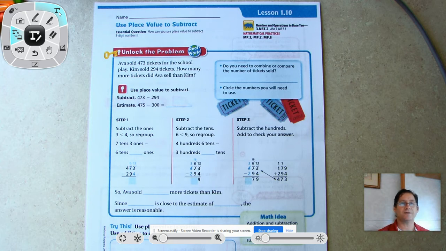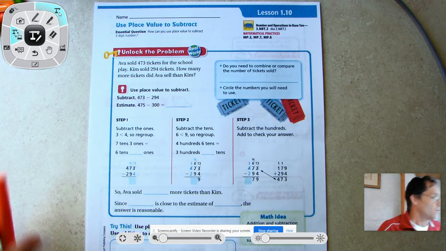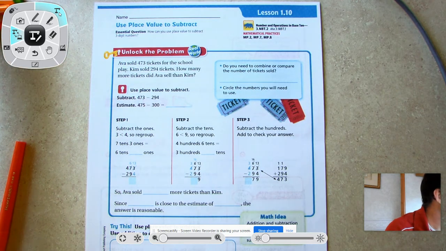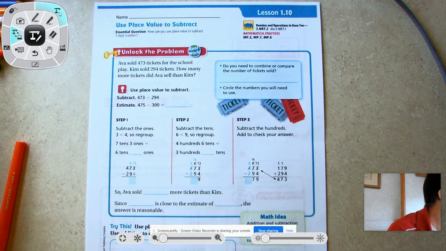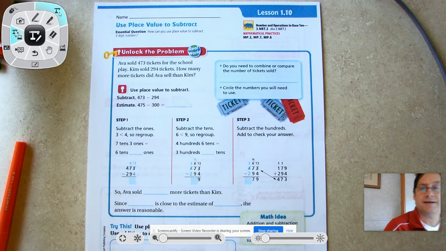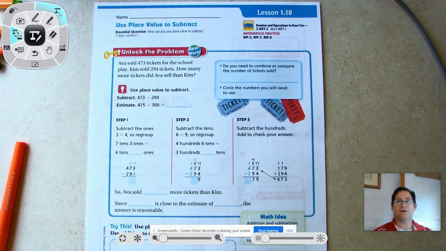Ava sold 473 tickets for the school play. Kim sold 294 tickets. How many more tickets did Ava sell than Kim? Well, in our blue box to the right, it says, do you need to combine or compare the number of tickets sold? How many more tickets?